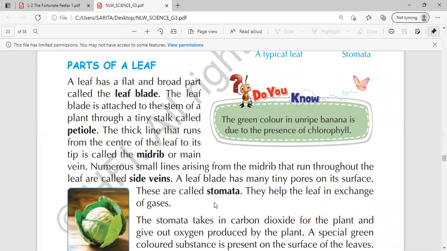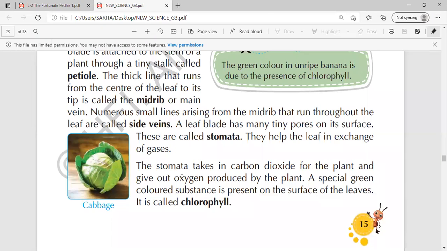They are called stomata, and they help the leaf in the exchange of gases. The stomata take in carbon dioxide for the plant and give out oxygen produced by the plant.